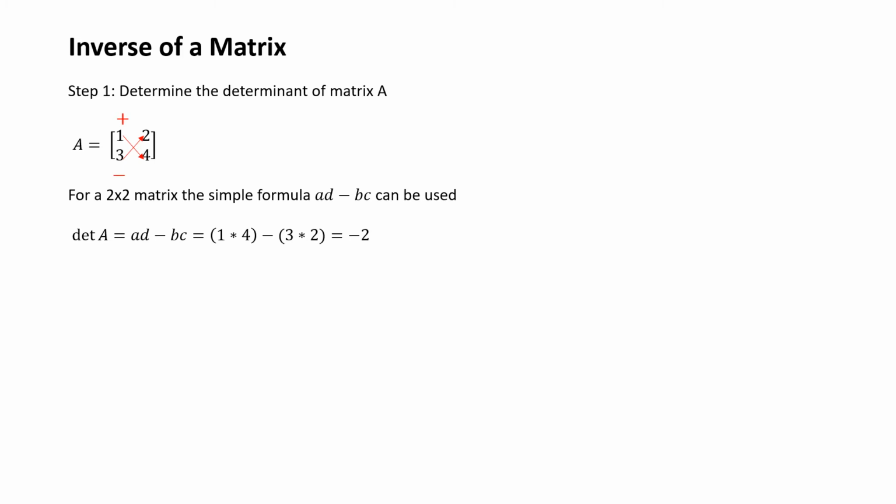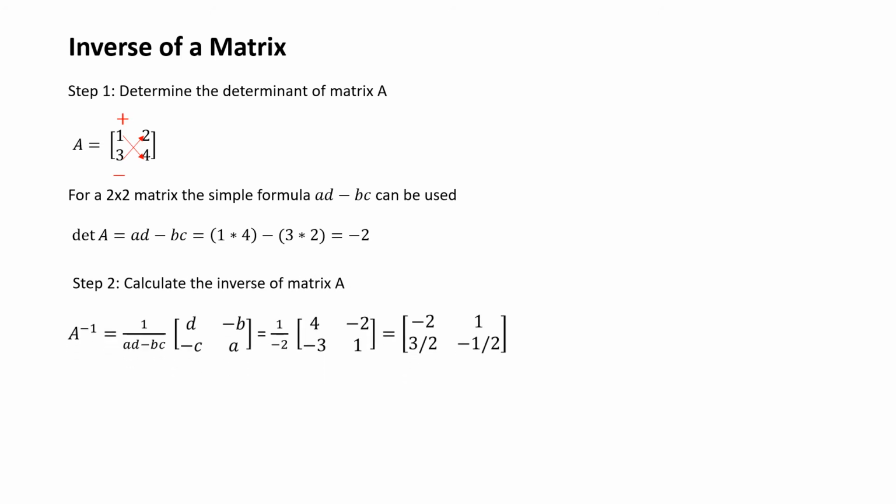Now that we have the determinant of matrix A, we can calculate the inverse of matrix A by using this formula. Here we know that AD minus BC is -2, so therefore we have 1 over -2, and we need to use this formula here.